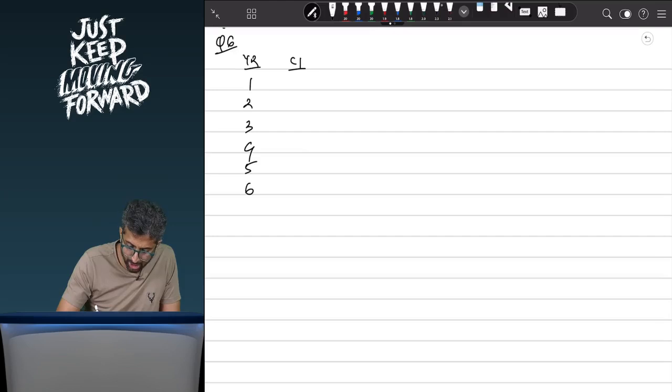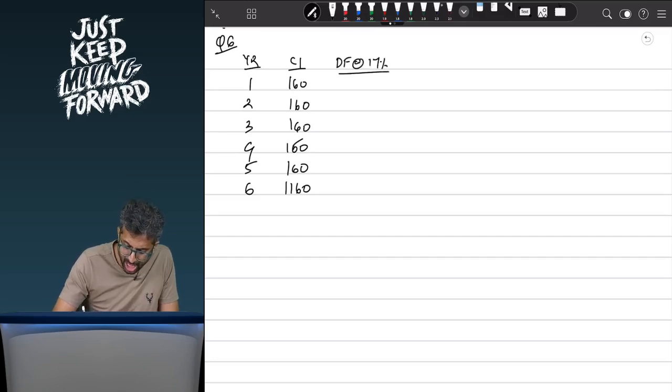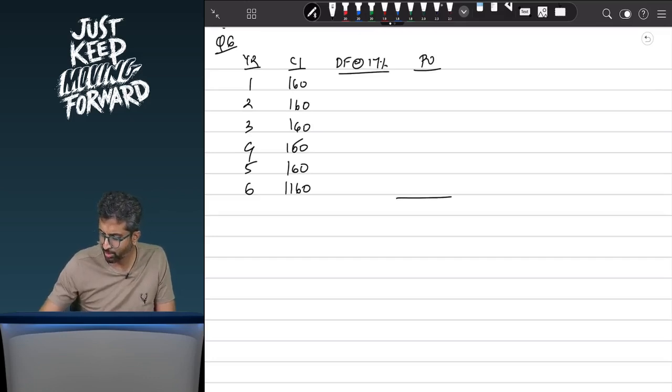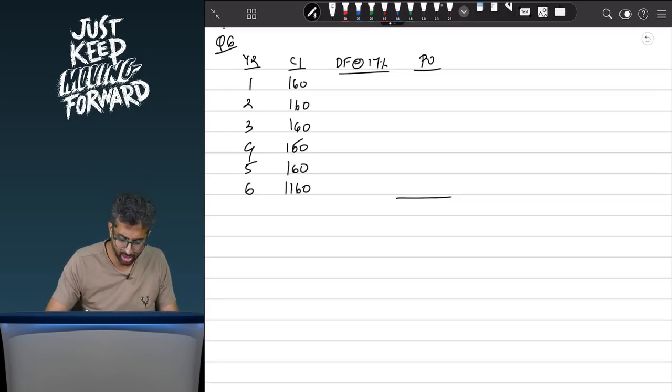Cash inflow would be 1000 into 16%, that is 160 in each of these years, and then at the end the bond redemption is happening, so 1160. Discount factor is at the rate of 17%, and you will find the present values. So this is 1 divided by 1.17. You will get 0.857.